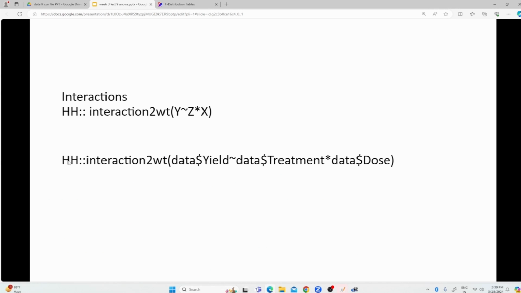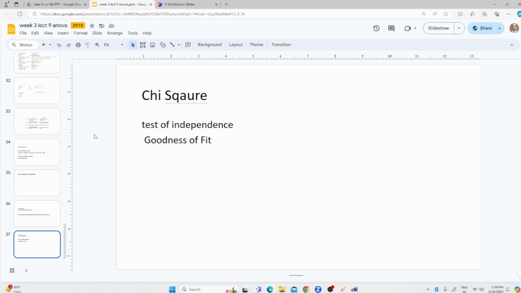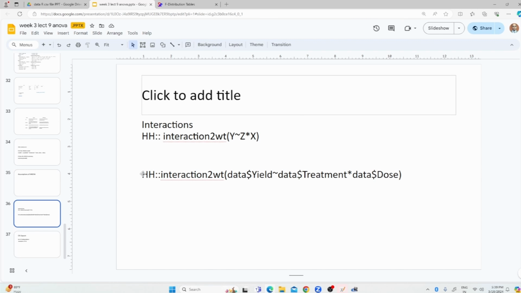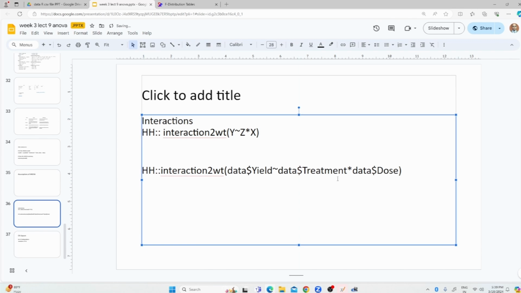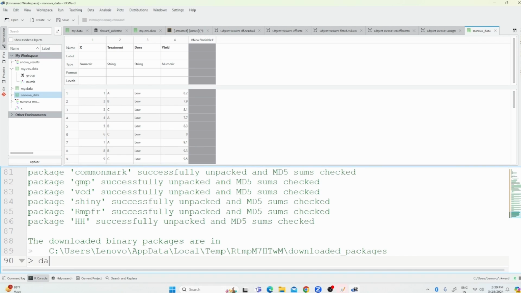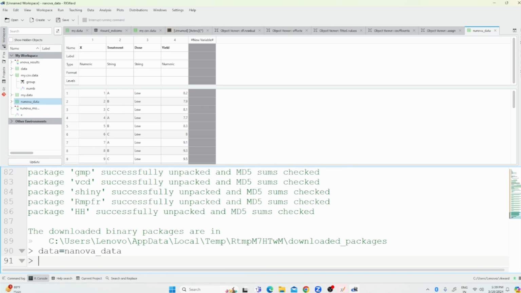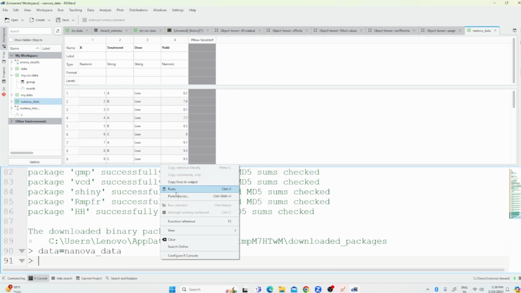So, we will copy this command and there is one change, a little bit. Let us say data is equal to ANOVA data, and now we have a command like this.